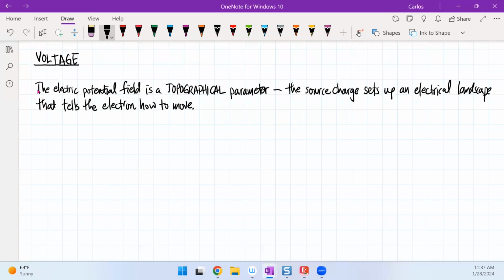But before we get to what voltage is, let's deal with some language issues. Analogy.